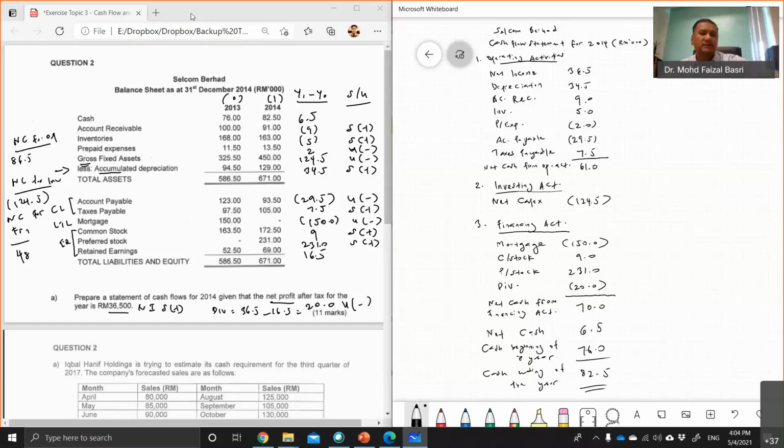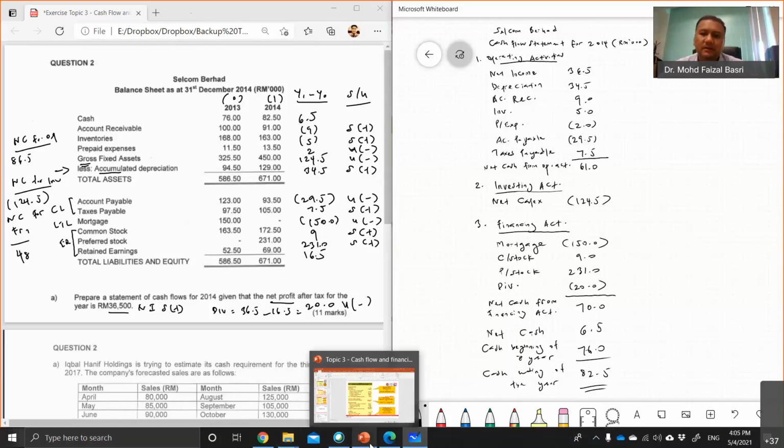Okay, so if there's no question, I think for today I'll stop at cash flow only. For our next meeting next week, we're going to continue with another two topics, which are the cash budgets and also the pro forma statements.